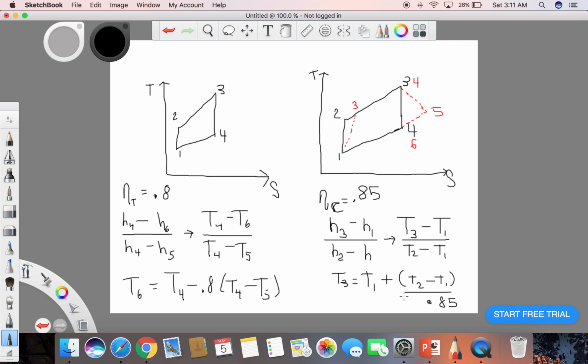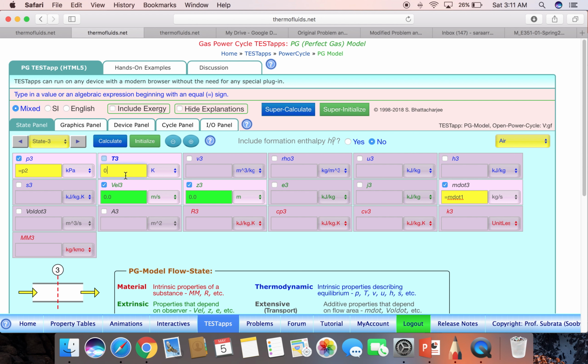So this is what the temperature actually is, and we plug that into the TEST app. It equals T1 plus T2 minus T1 divided by 0.85. We calculate that.